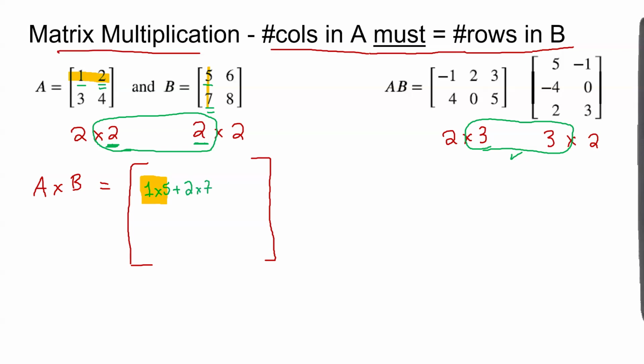Okay. We'll go ahead and come down here and clean that up before we move on. But that's what we're doing when we multiply matrices. 1 times 5 would be 5. 2 times 7 is 14. And that 5 plus 14 would give us a 19 right there.